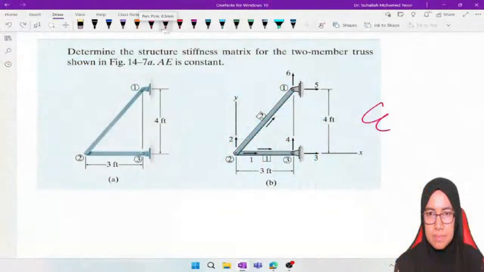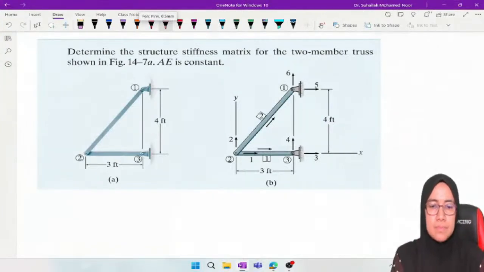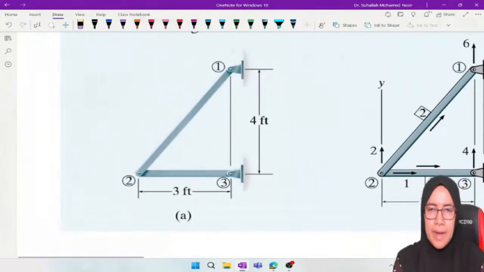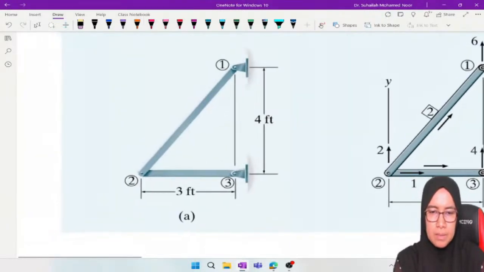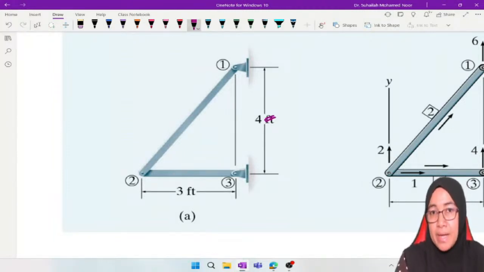Okay, can we continue? Okay, we focus on the diagram. Just ignore the feet unit used here. Assume that this is 4 meter and 5 meter.